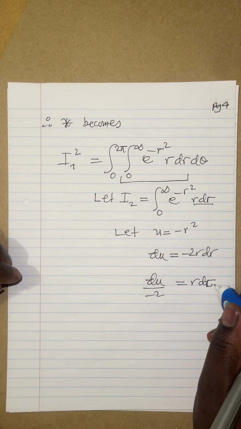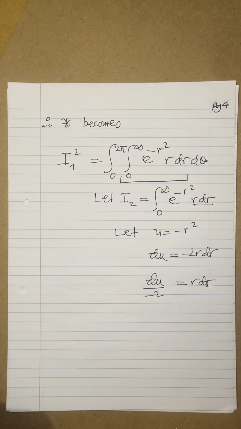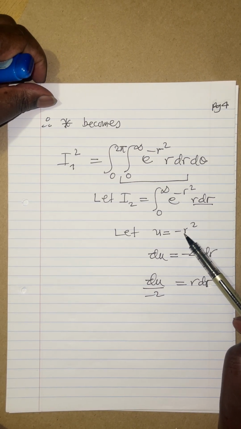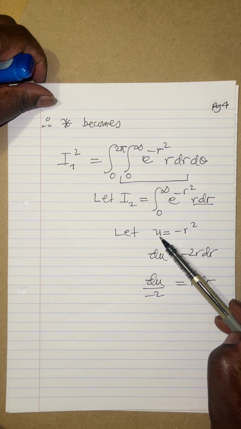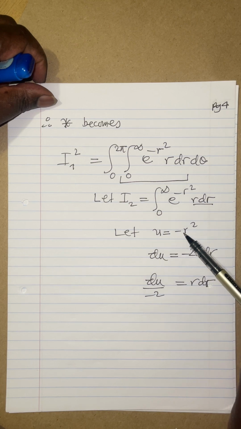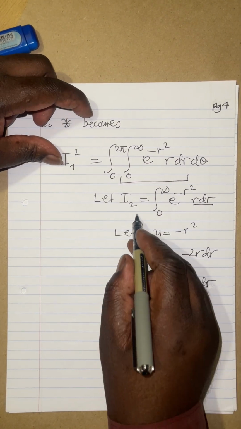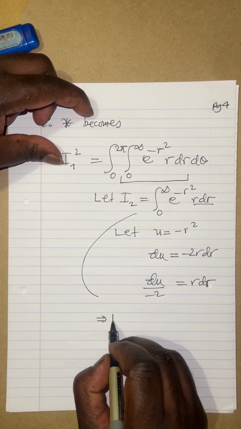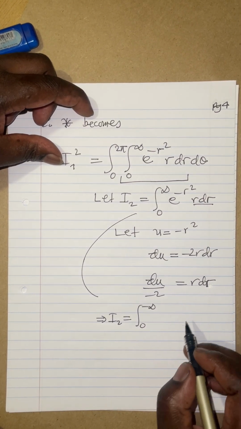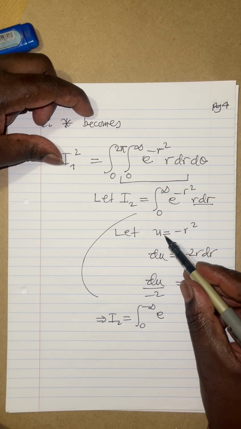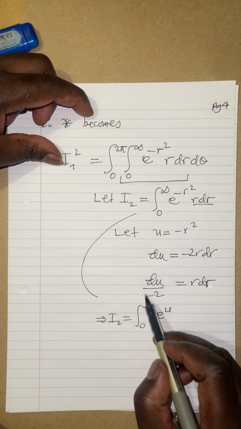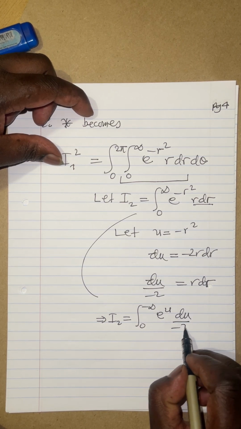So let's transform this then. What about limits? Notice when r approaches 0, u will also approach 0. When r approaches positive infinity, u will approach minus infinity. So now the integral changes to I2 is equal to, from 0 to minus infinity, of e to the power u, because minus r squared is u now, and instead of r dr we have du over minus 2.